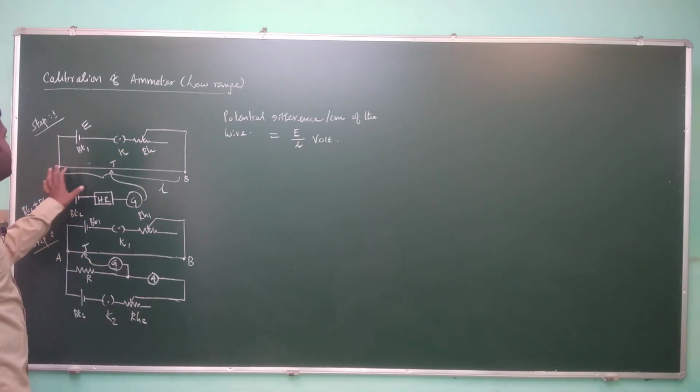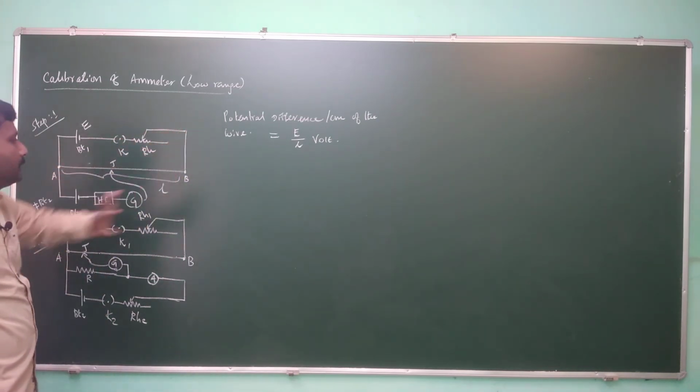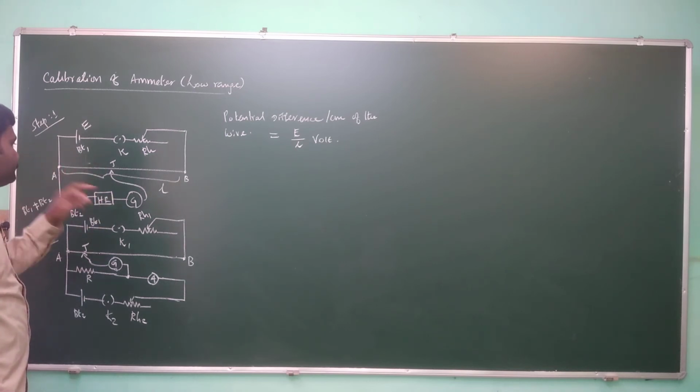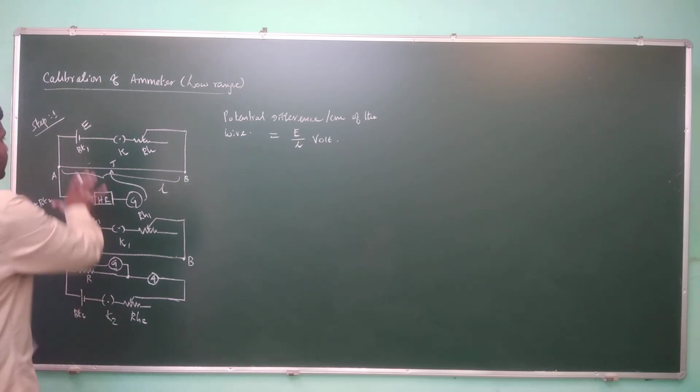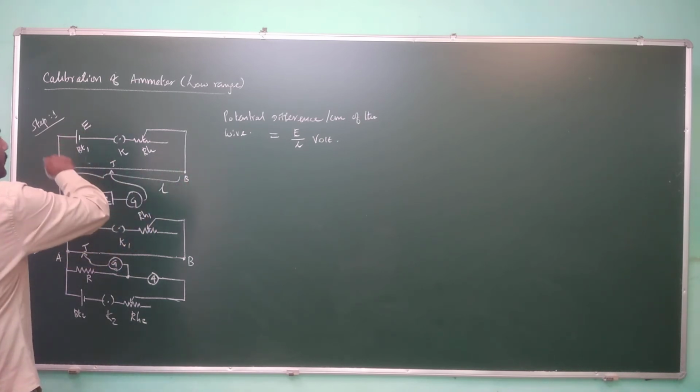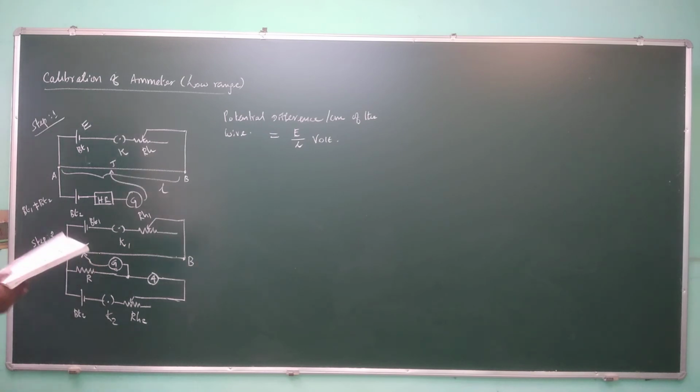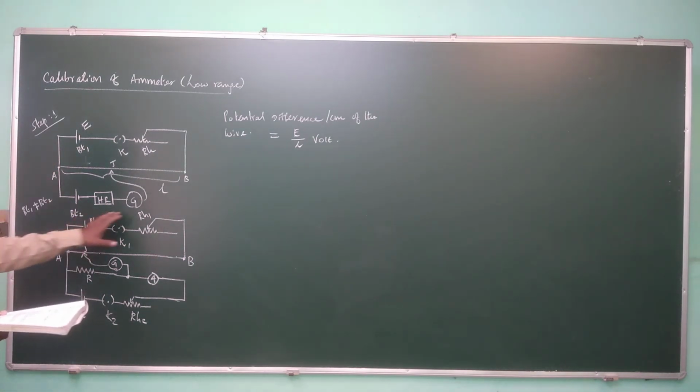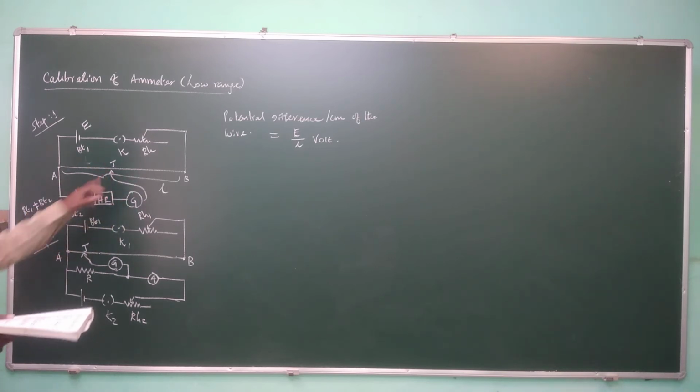Potential difference per unit length you could calculate through a very simple arrangement, right? The potential difference between the points AB is known, that is nothing but E, and if your length is given, then you could write this equation. It's not a problem at all, and you can calculate the balancing length.